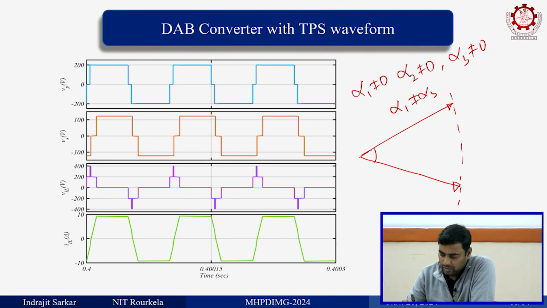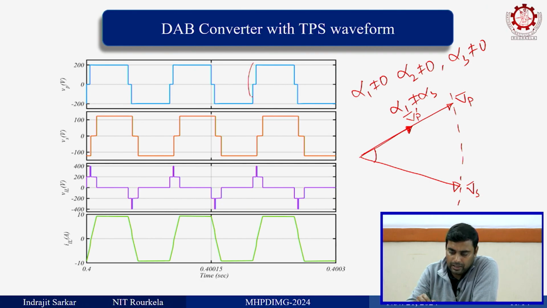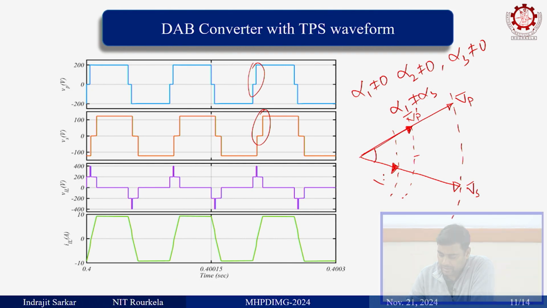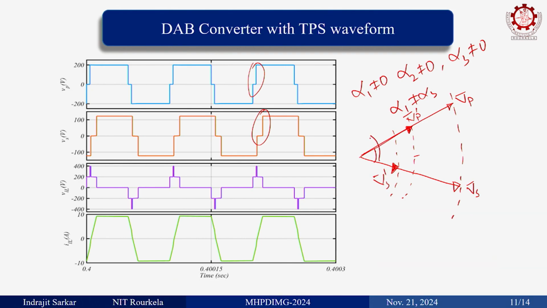So this becomes somewhere here, let us say the VP dash phasor, and this is the VS phasor. Since alpha 1 and alpha 3 are different, in this figure one is less and the other is more, so the lengths will be smaller. Previously in DPS they were equal, but here they are not equal. So VP dash, this is VS dash, and this is alpha 2.